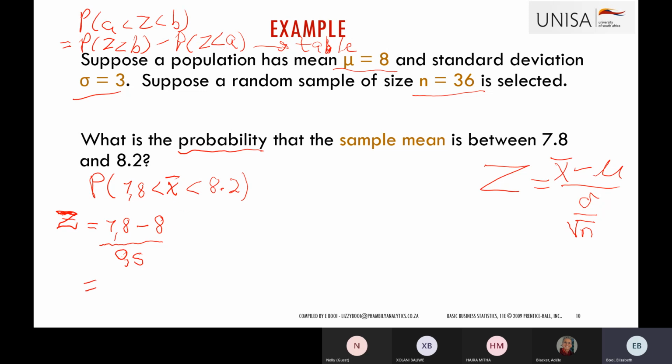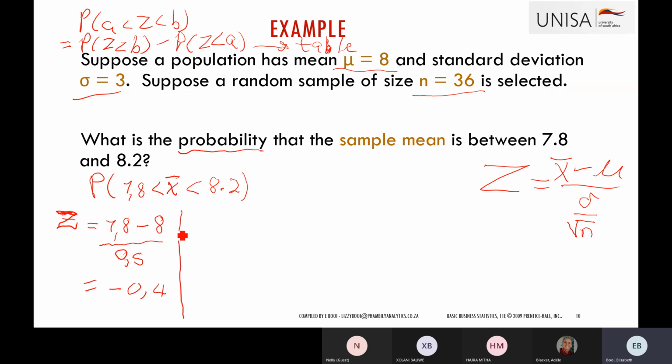So 7.8 minus 8 divided by 0.5 gives me minus 0.4. Now I'm done with the first one.